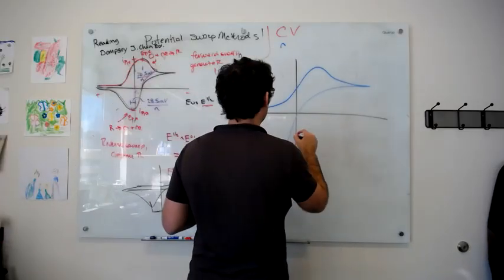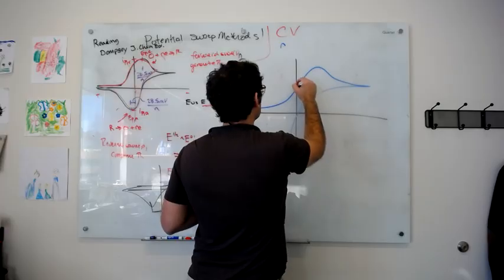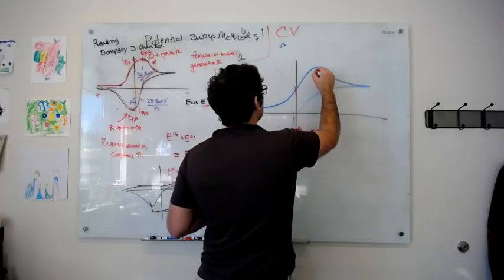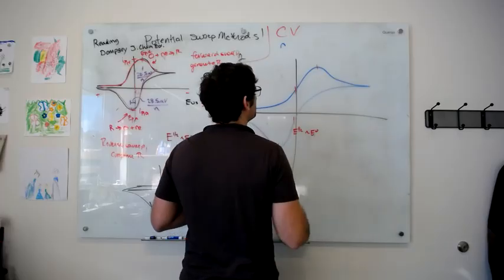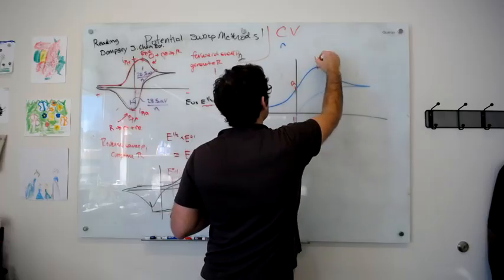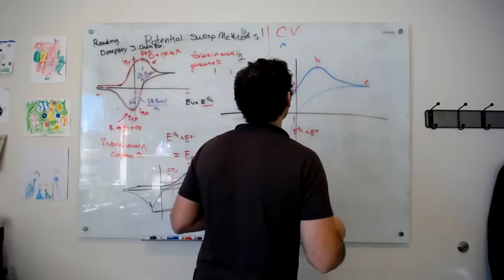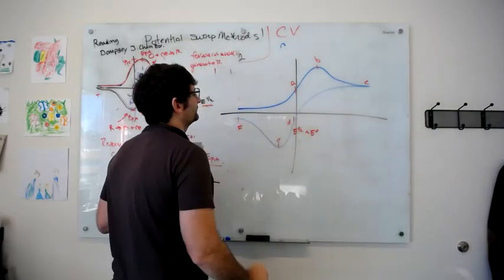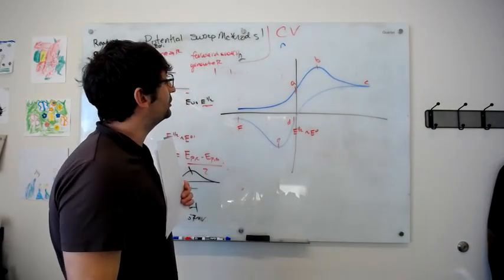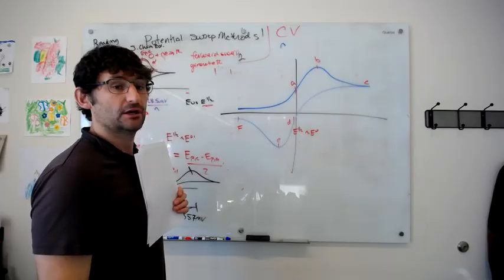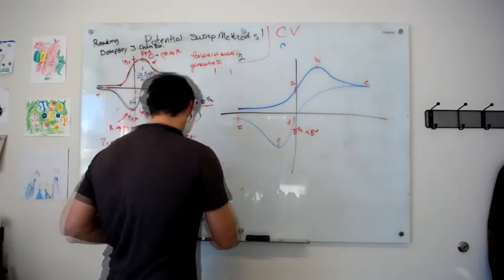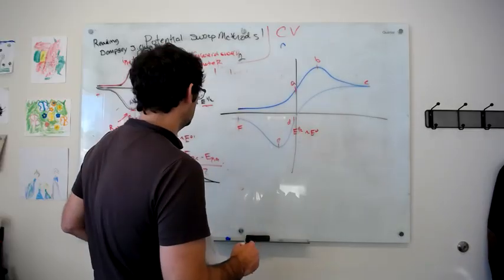E1/2, which is approximately E naught, right? And then let's look at the peak potentials. So let's call that A, B, C, D, E, F, right? And now could we figure out what the concentration profile should look like under these conditions? Well, let's think through this.